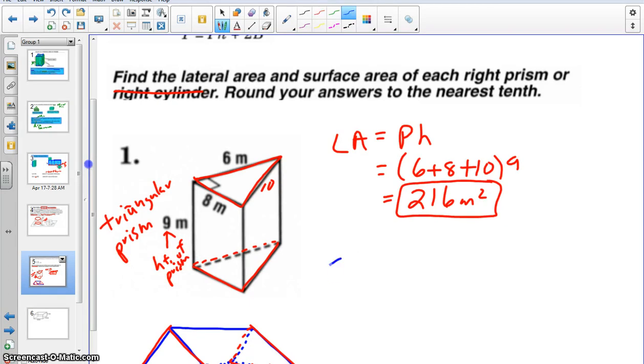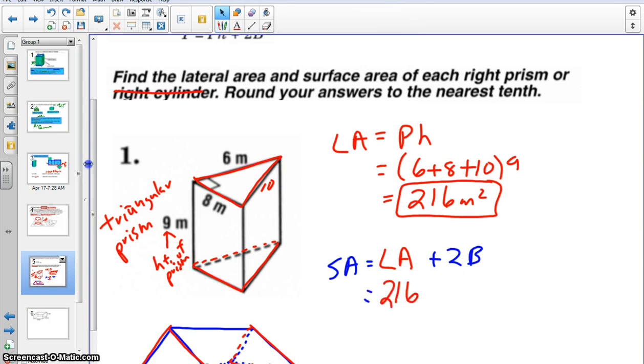Surface area, we are going to take the lateral area, and again, we're going to add the area of the two bases. So lateral area is 216, and we will add the area of both bases. Well, again, each base can be different depending upon the prism. In this case, we have a right triangle, so we're looking for base and height. So that is the base of the triangle and the height of the triangle.